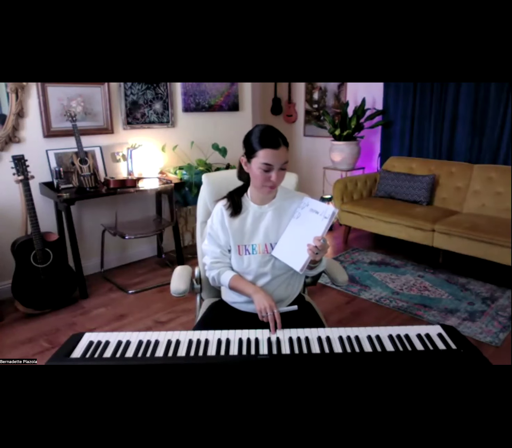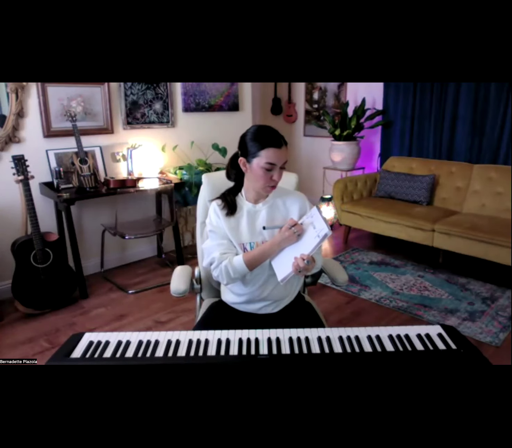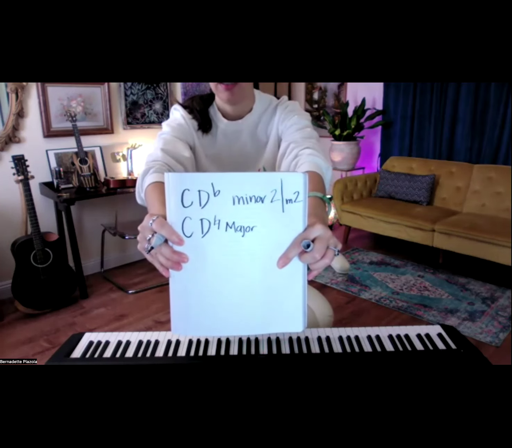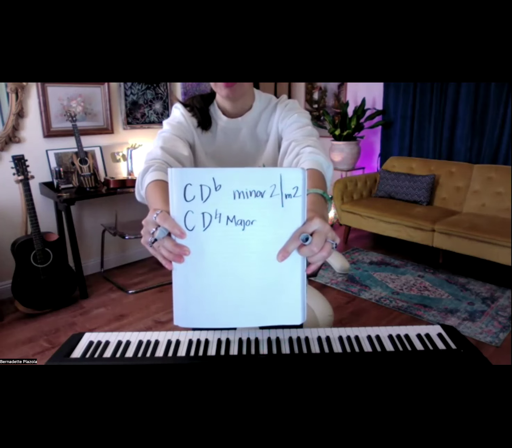C to D natural. Natural means no sharp, no flat. I'll show you the natural symbol. In music, you don't have to write it. It's always implied, but I'll write it just so you can see it. Correct, Sandra.